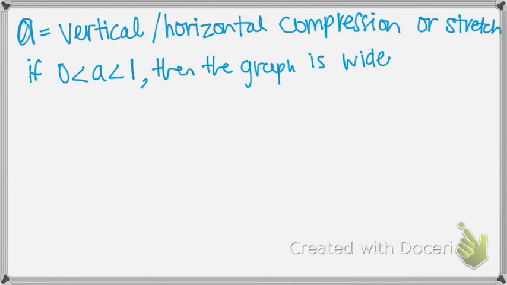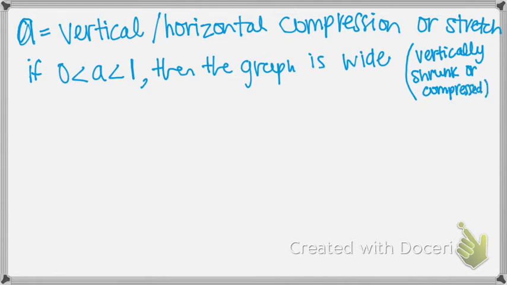Now, in parentheses, out beside wide, I want you to write vertically shrunk or compressed.